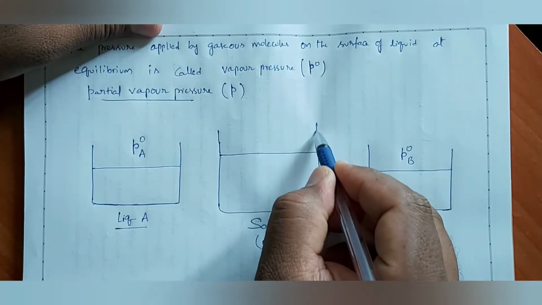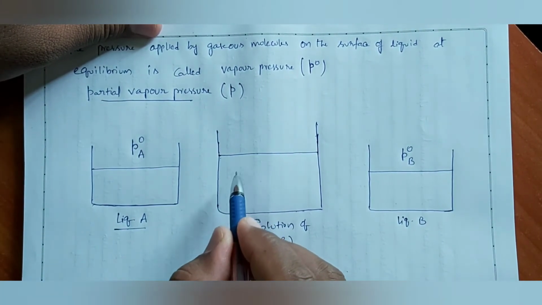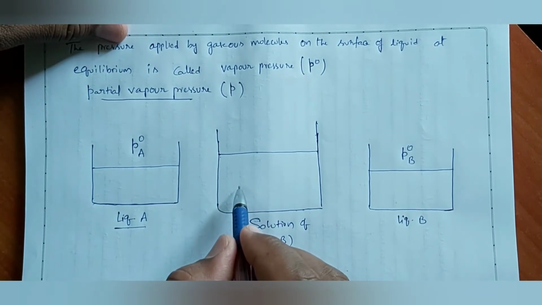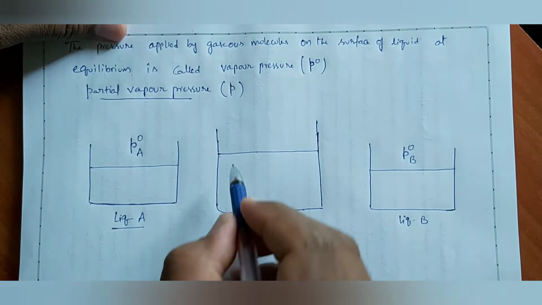In the liquid state, A components are present as well as B components. The same method is going to be followed.